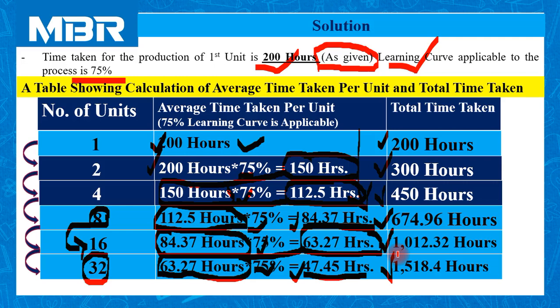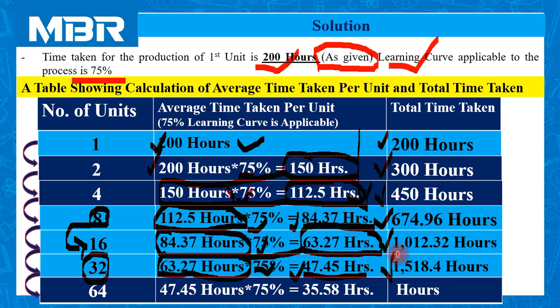And last, 64. 47.45 hours, the average time taken per unit for the earlier batch, multiplied by learning rate 75%. So it is 35.58 hours per unit.